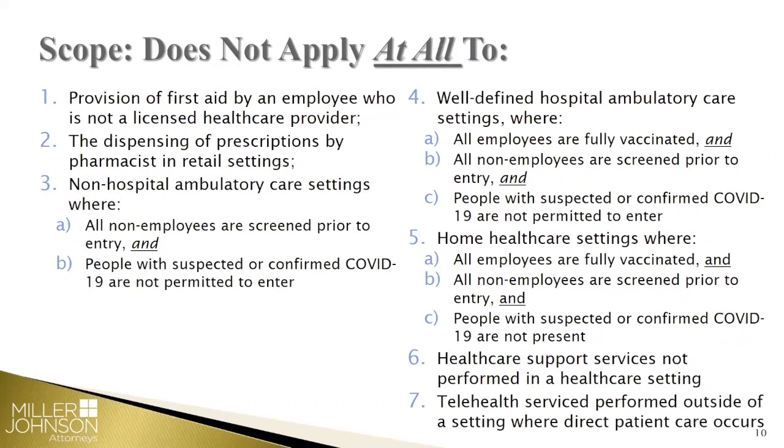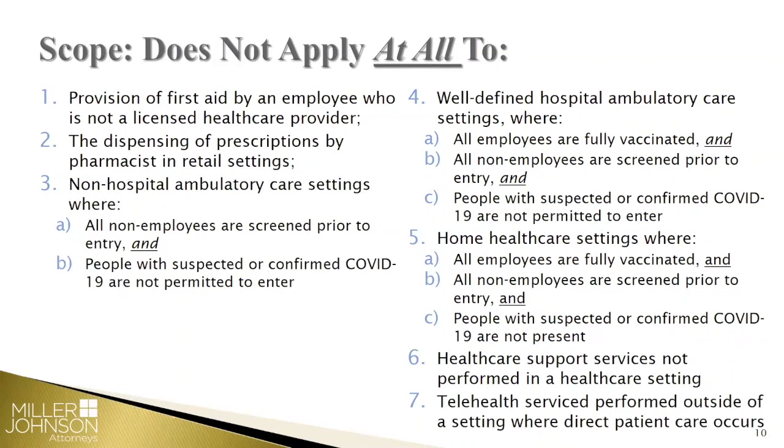Next exception, it applies to the hospital ambulatory care settings. So this would apply to the non-inpatient parts of a hospital, okay, within a hospital. For those settings, the ETS does not apply only if all employees of that setting are fully vaccinated.